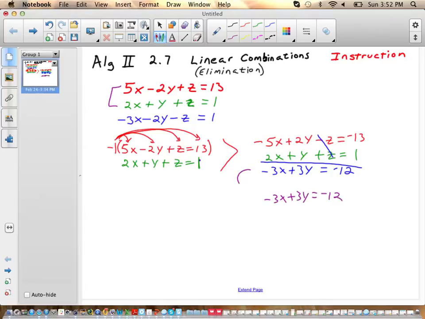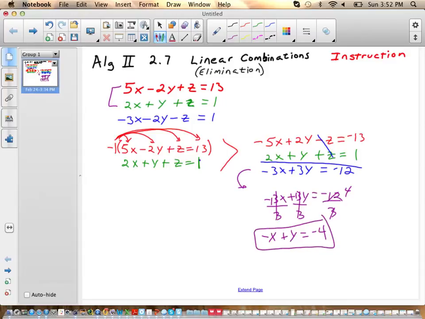I can simplify all of these by 3, and this only works if I can simplify all of the terms. Since 3 goes into all of these terms, this becomes a 1, and this becomes a 1, and 3 goes into negative 12 4 times. So I end up with negative x plus y equals negative 4.